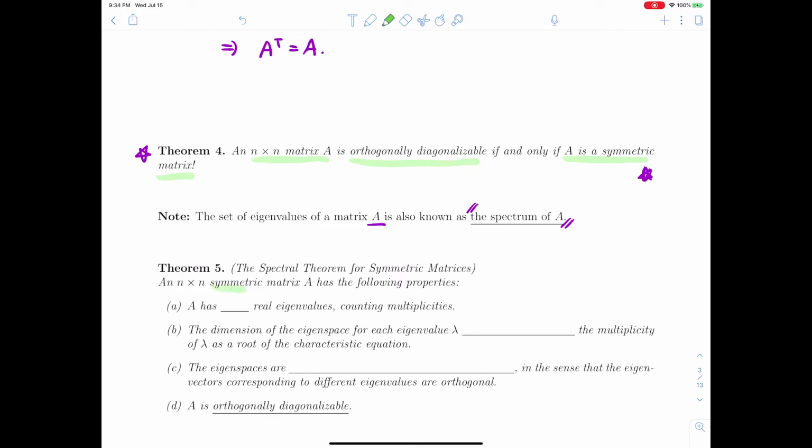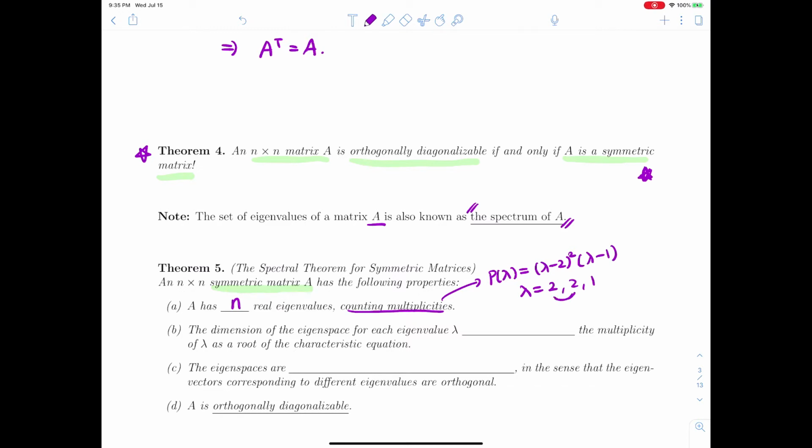If A is a symmetric matrix, then A is orthogonally diagonalizable, or in other words, it is diagonalizable. So A has n real eigenvalues, counting multiplicities. This means that if you have the characteristic polynomial equal to, say, lambda minus 2 squared times lambda minus 1, then the matrix has eigenvalues lambda equals 2 and 1, counting multiplicities.